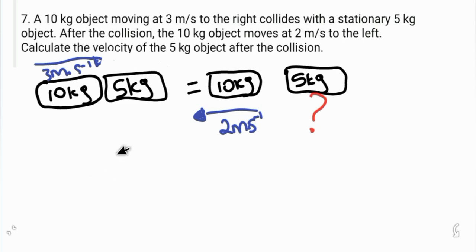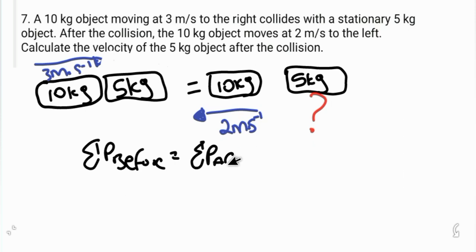So let us try this one. The sum of momentum before collision will be equal to the sum of momentum after collision. Now let us call this 10 kg object number 1, and this 5 kg object number 2.